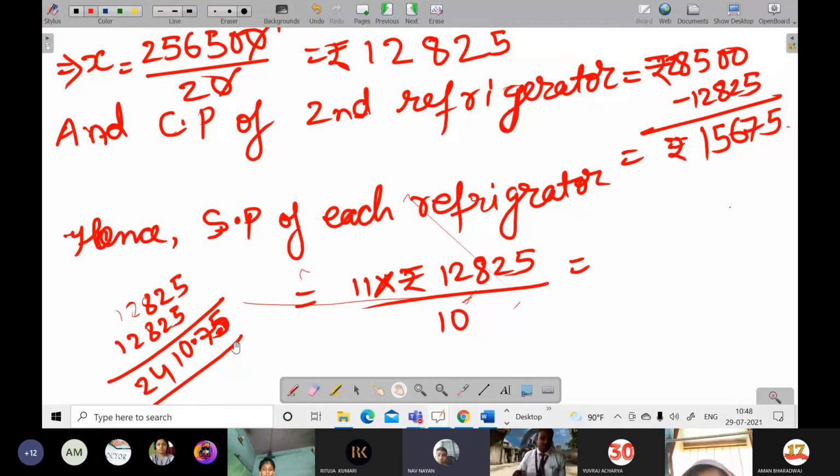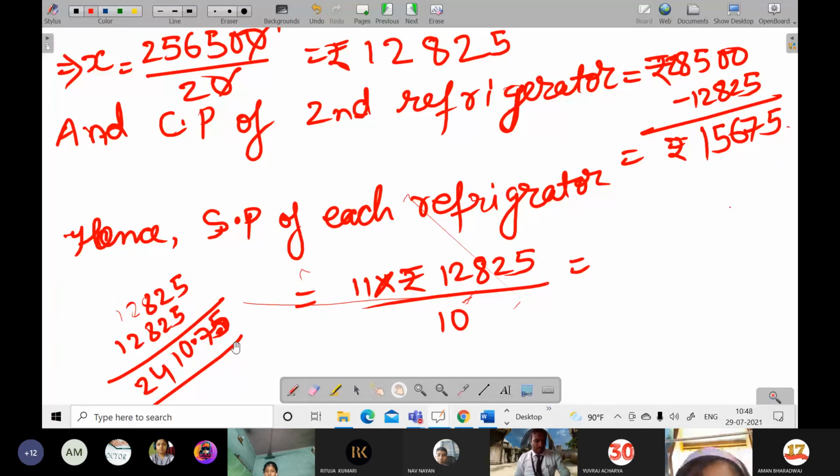How much is coming? Sir, it is coming 141075.50, sir. Okay, so there had been a mistake in multiplication. What it was: 11 into 12,825.